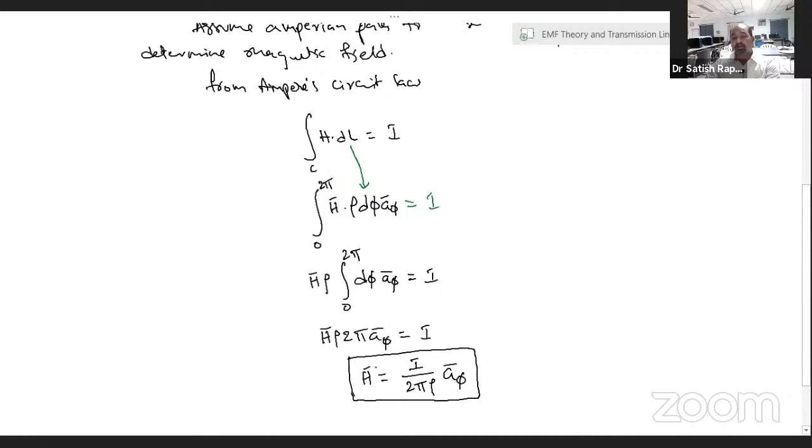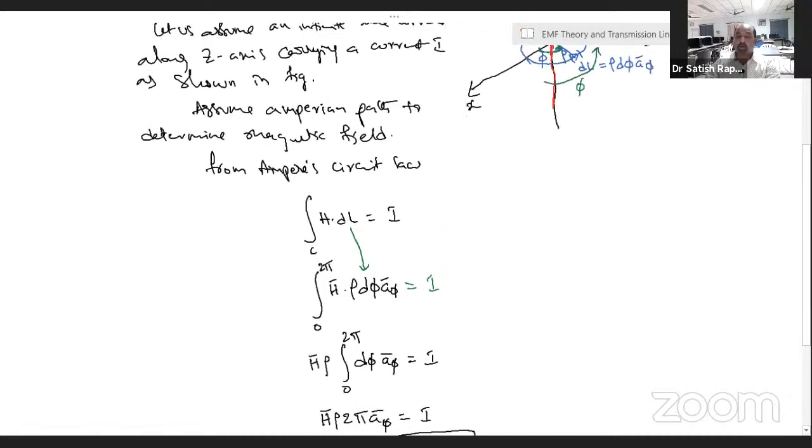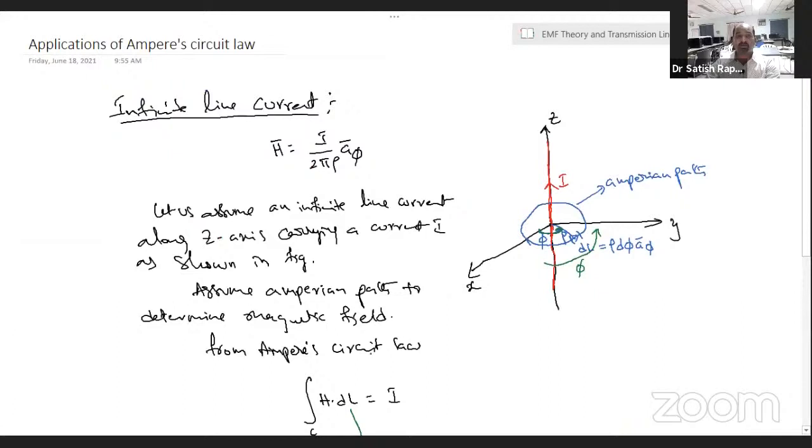So this is the magnetic field due to a long wire. Using Ampere's circuital law, I have derived the same equation.